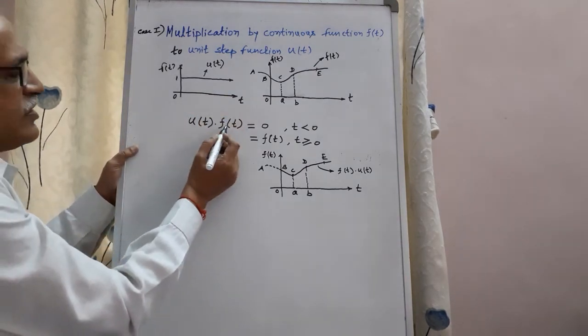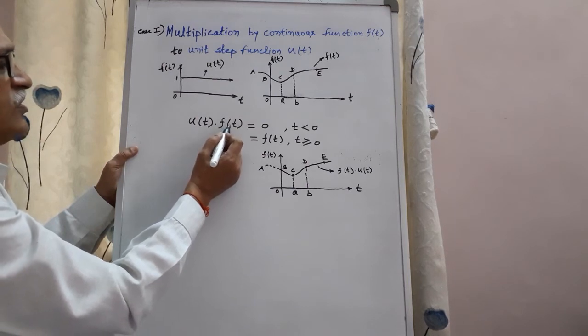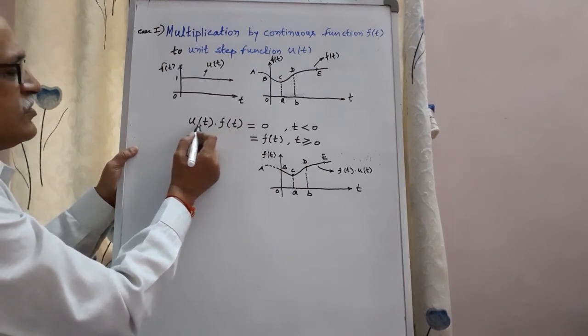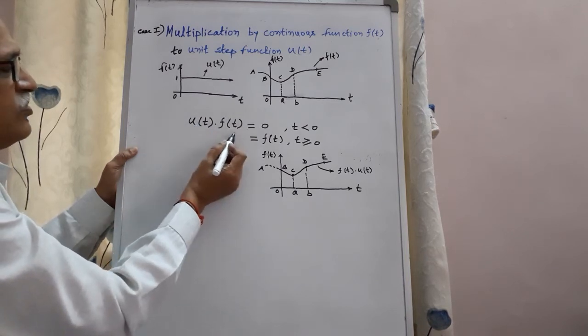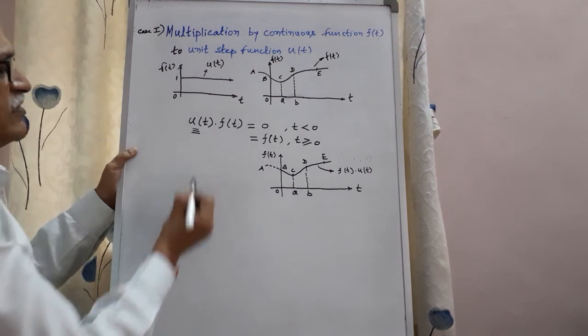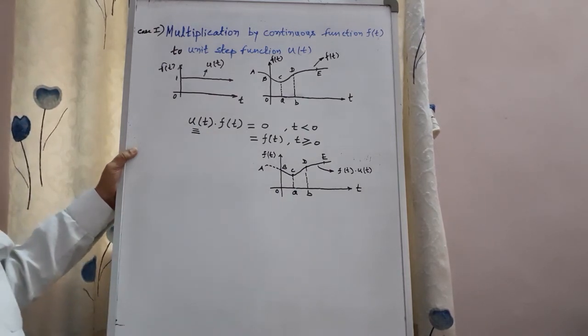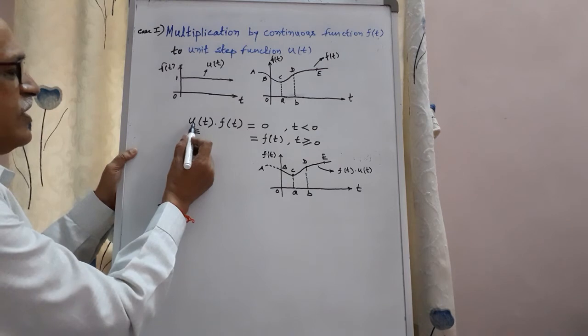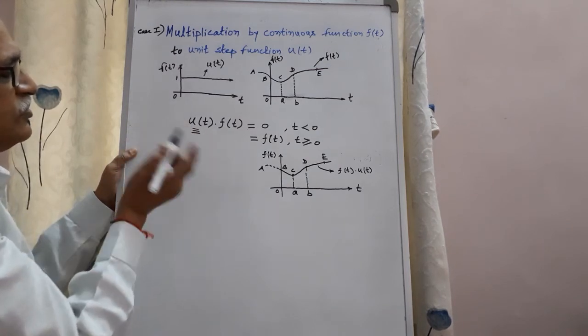Therefore, we try to see the multiplication of f of t to u of t, and to find the value we consider the values of u of t.